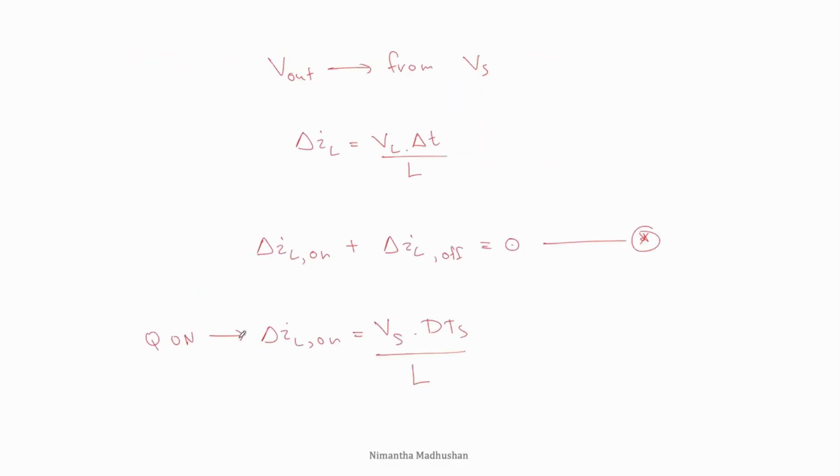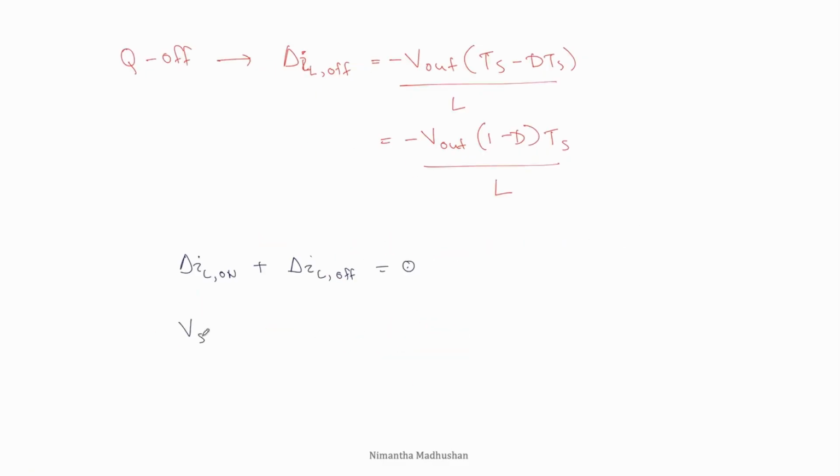Delta IL on is Vs times dTs over L, plus delta IL off is minus Vout (1 minus d) Ts over L, is equal to 0.